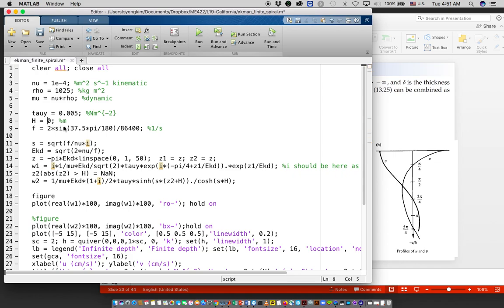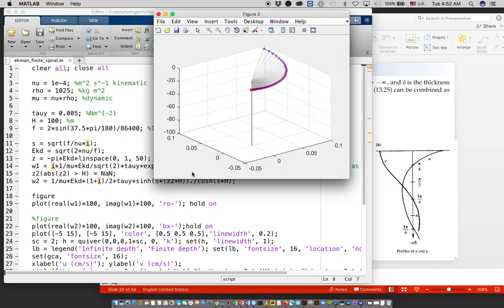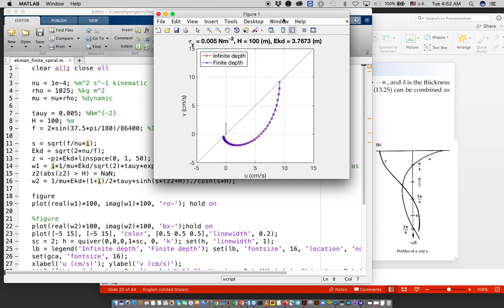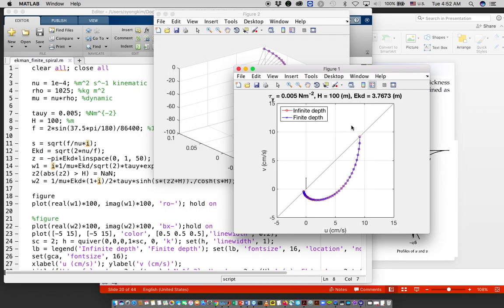If I put it in 100-meter depths, it's almost similar because the Ekman layer may not be affected by the bottom, so infinite to finite, they have almost similar patterns, but if you get close to the shore, it will be affected by that.